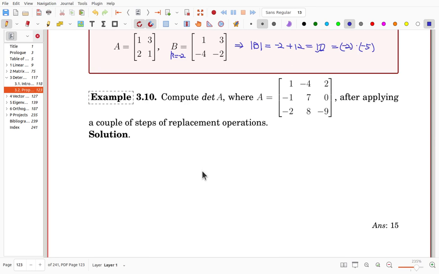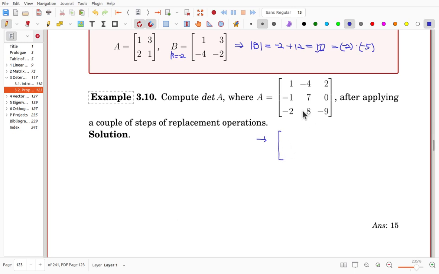Let's compute the determinant of A when A is given this way, after applying a couple of steps of replacement operations. From A, we apply elementary row operations.